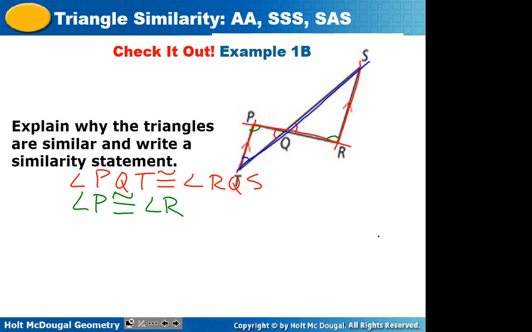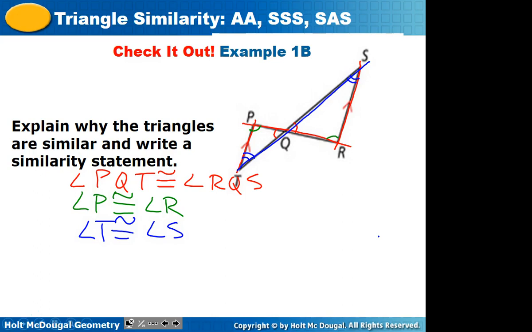We could have also said that angle T is congruent to angle S for the same reason. Now, which one of these alternate interior angles you choose doesn't really matter.